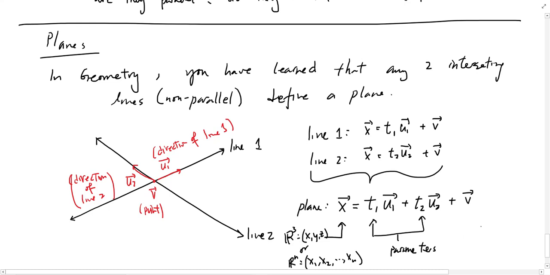As a matter of fact, that is a signature. 2 parameters indicate that you have something 2-dimensional, and therefore, if it's in this form, it indicates that you have a plane. We now have 2 direction vectors because we have 2 directions that we can travel, but there's still only 1 single position vector.